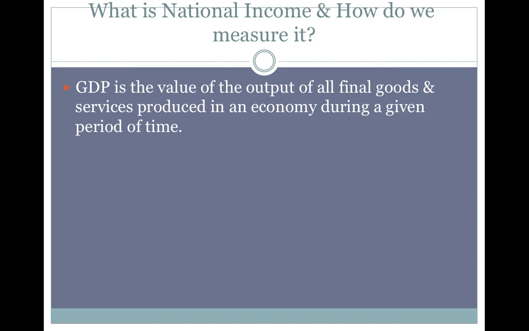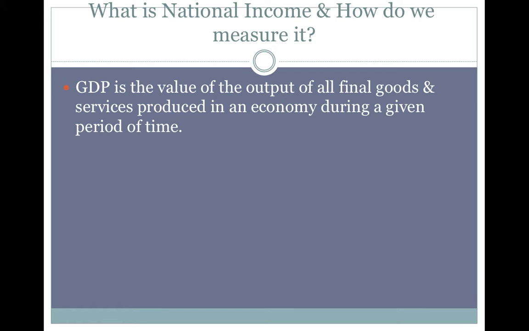We add up the value of everything that we make in this country, all the goods and the services, and that gives us an idea of how much value was created in our economy. We do this so that over time we can compare the GDP from one year to another. Based on those comparisons, we can see if the economy is growing or shrinking.